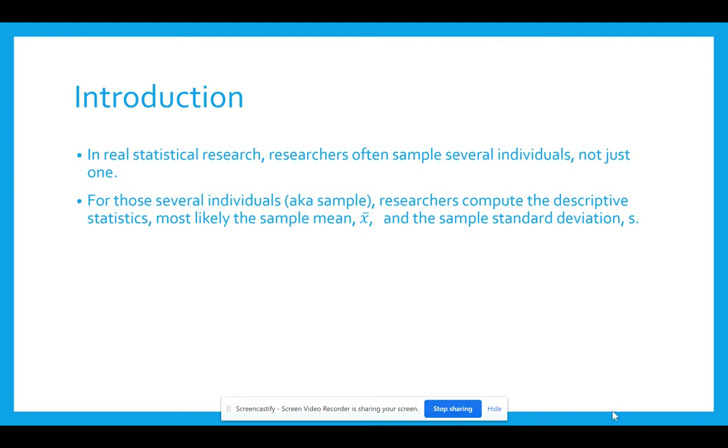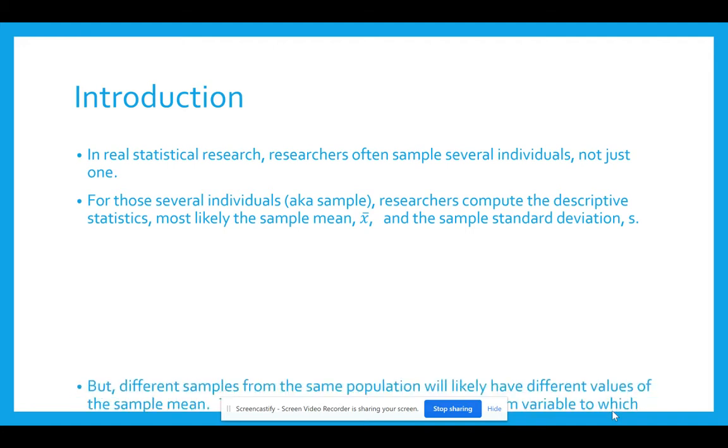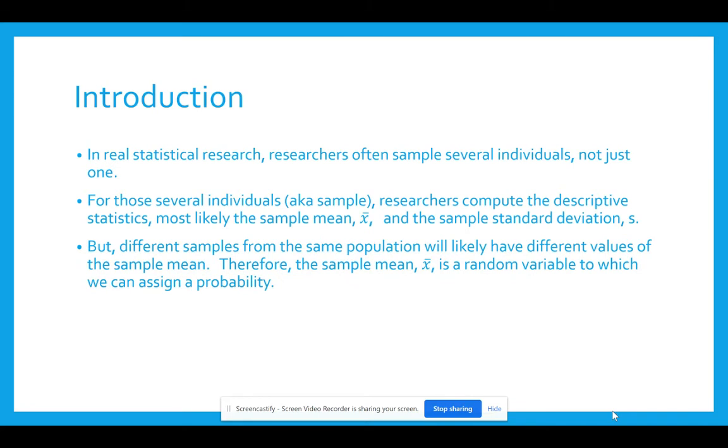The challenge is that as we take different samples from the same population, we will likely get different values of the sample mean, and probably also different values for the sample standard deviation.